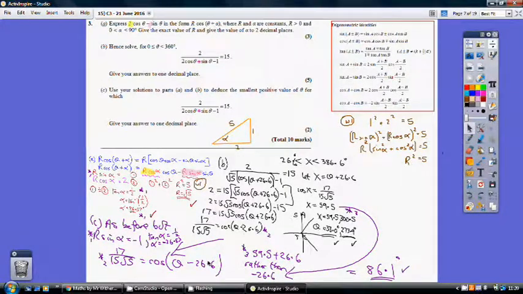Again, the knock-on effect as we go through the process of part B is that we've now got cos of theta minus 26.6 rather than plus 26.6, and again right at the end, so following it all the way through, the change of sign impacts on this. So rather than it being 59.5 minus our 26.6, we're now just adding our 26.6, giving us a solution of 86.1 degrees.